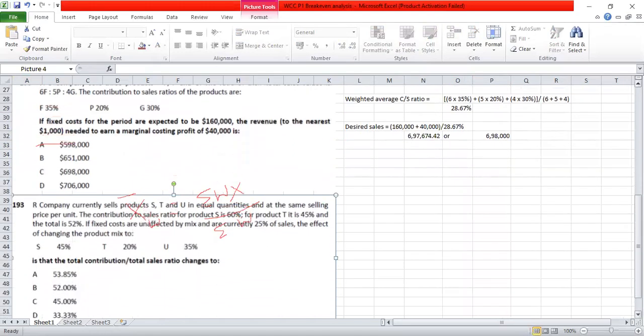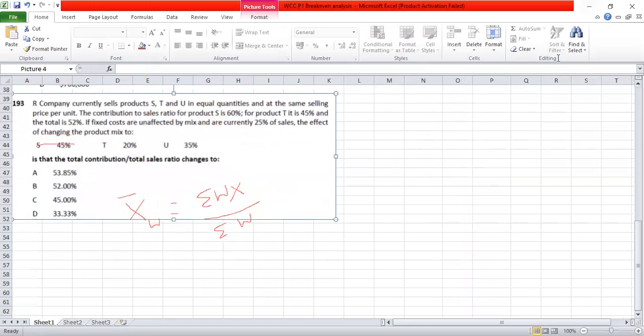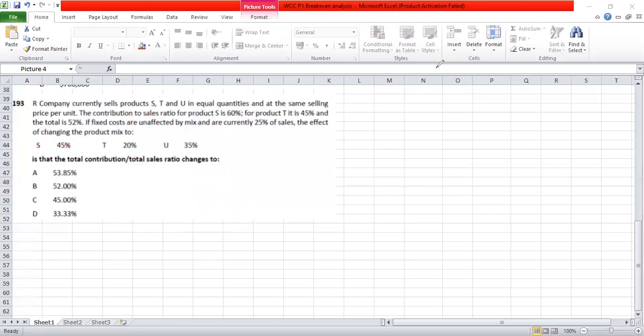The next question, 193. Our company currently sells products S, T, and U in equal quantities and at the same selling price per unit.